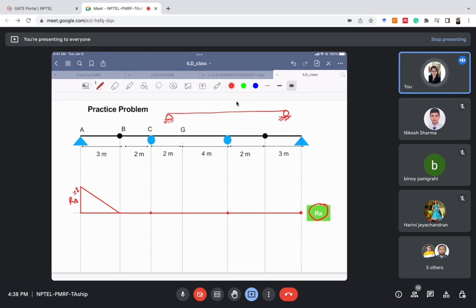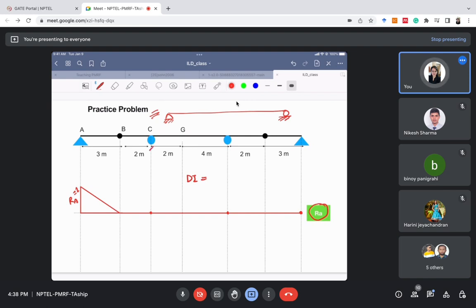By adding supports, we are adding restraints, and by adding internal hinges, we are removing restraints. So in this case, finding the degree of indeterminacy, if it is a simply supported beam, it is statically determinate.